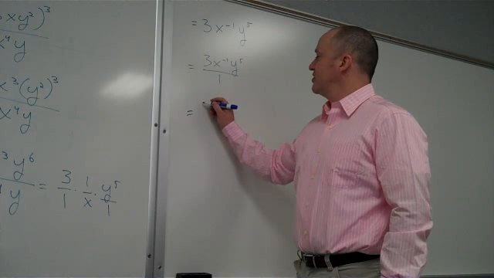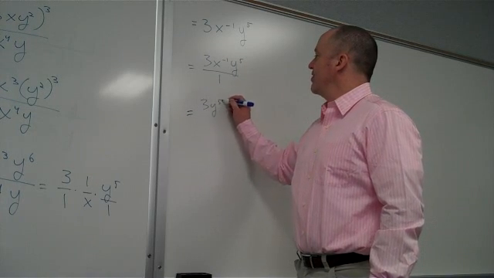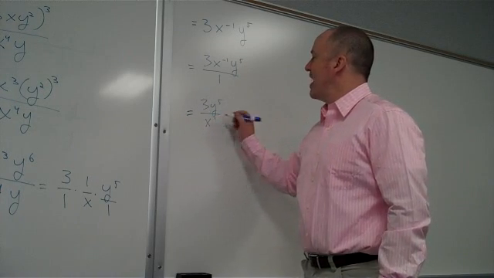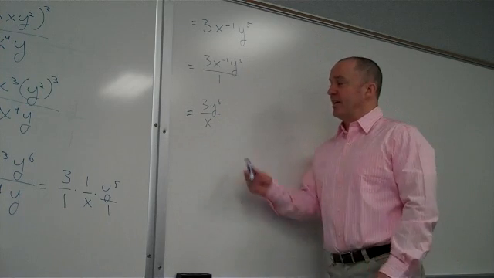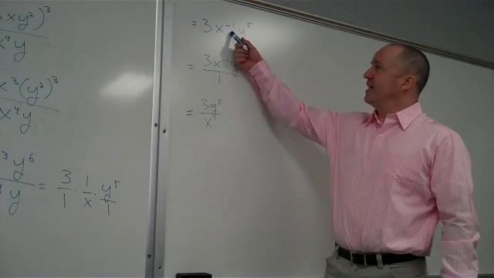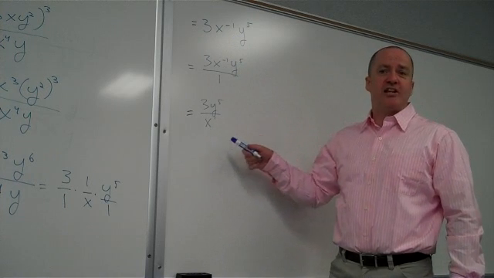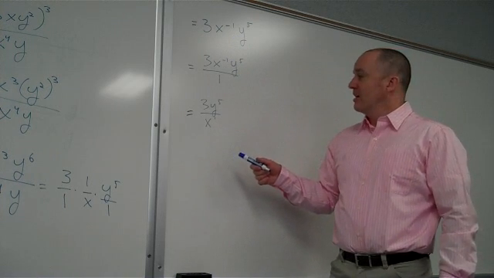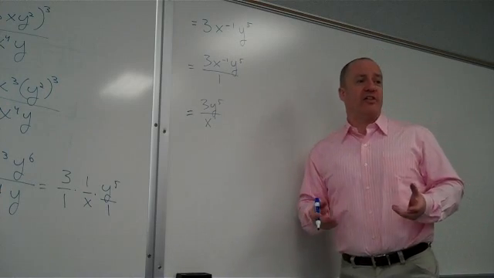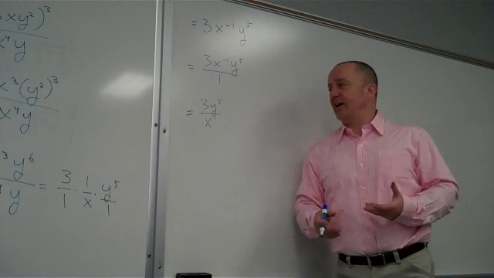So I can make this now 3y to the 5th over x to the positive 1. I don't have to write that positive 1. But if I have a negative exponent on the top of a fraction, I can flip it to the bottom of a fraction and change its sign. I can actually do that for all of these, but it's just not simplified.